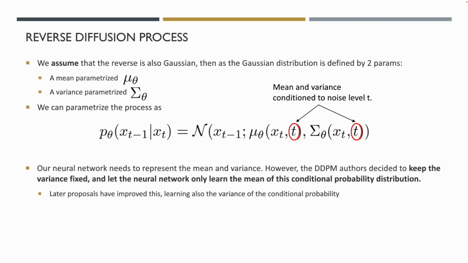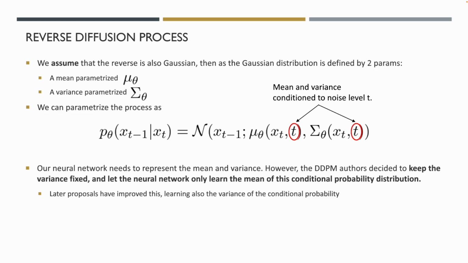Then, as a Gaussian distribution, we define it by two parameters, the parameterized mean and the parameterized variance. So we can parameterize the process as follows, using this Gaussian distribution where the mean and the variance are also conditioned on the noise level t. So our neural network needs to represent or learn the mean and the variance.